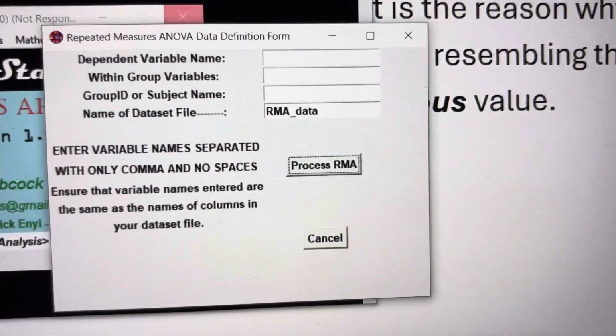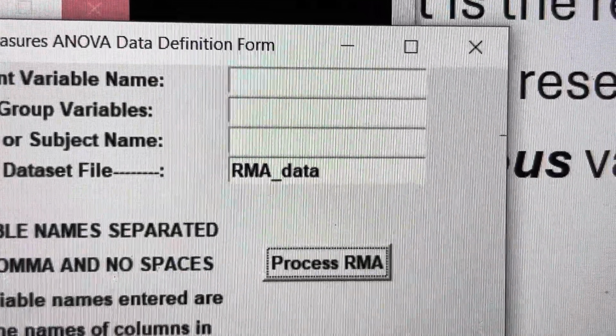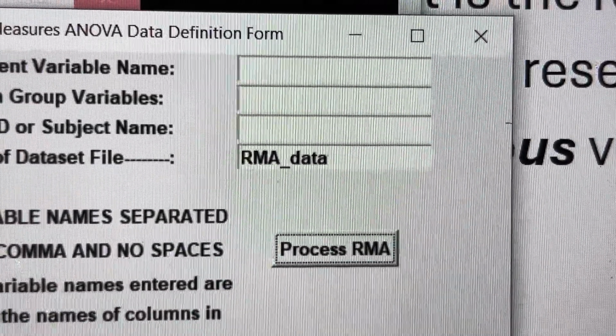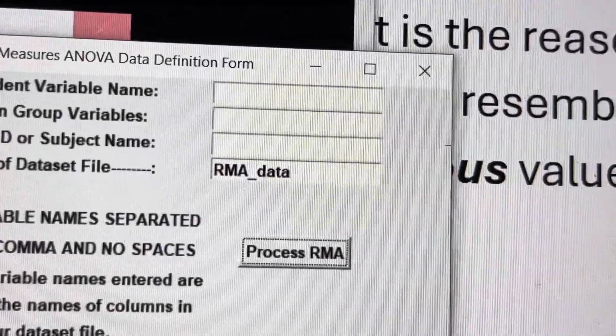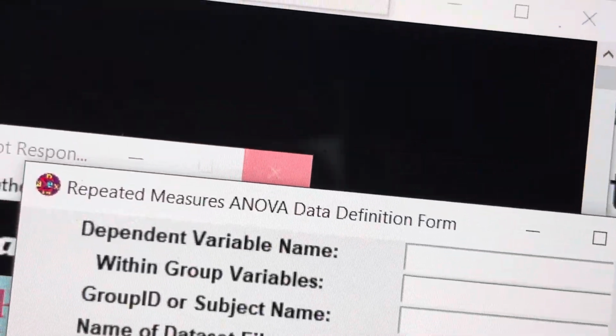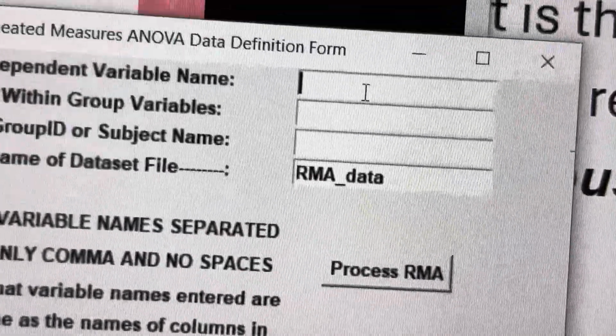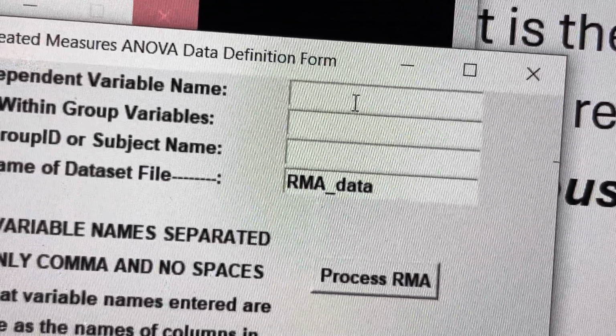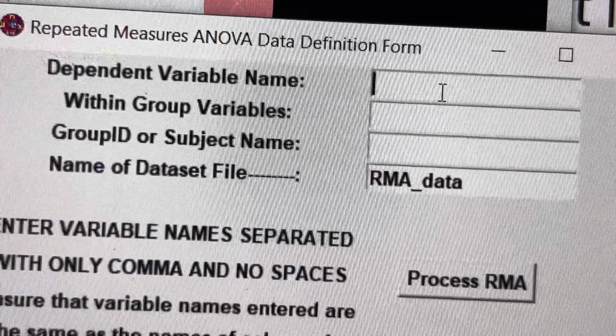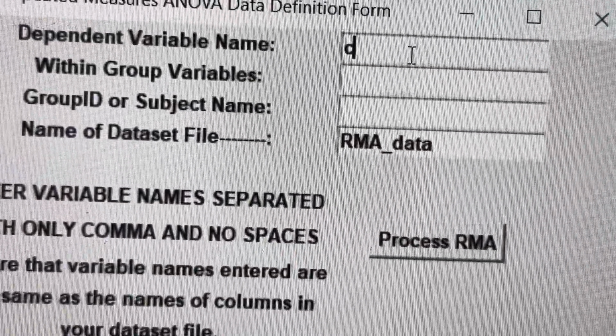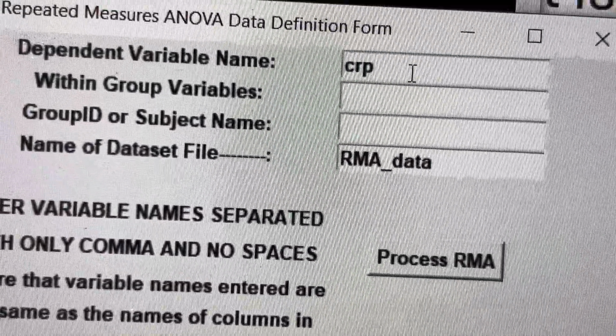So now let's define it. We are going to start with the medical first. So for the medical, the dependent variable there is CRP.